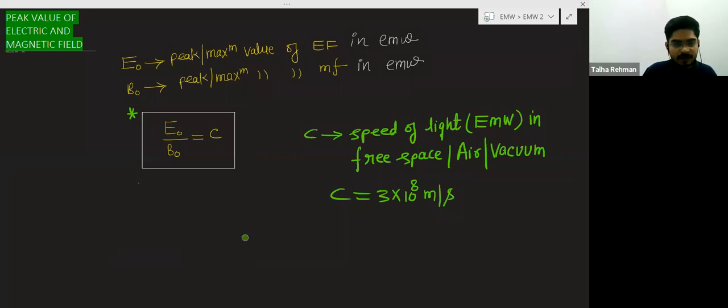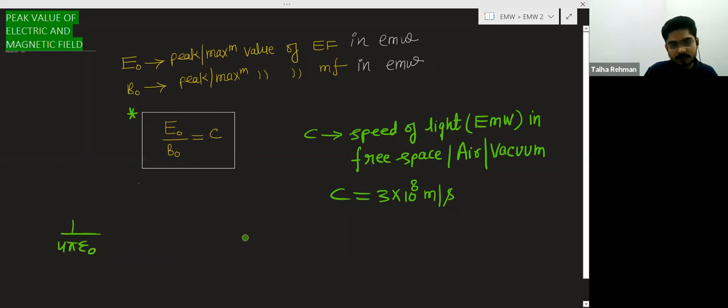We have in Coulomb's law 1 upon 4 pi epsilon naught. So what is epsilon naught? And we have mu naught by 4 pi. Basically this is the permittivity of free space, this is the permeability of free space.